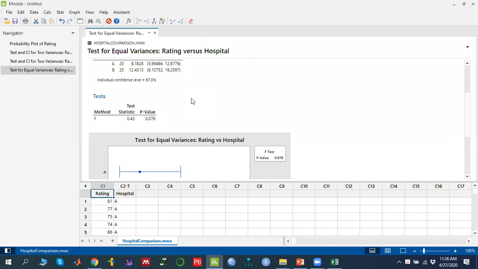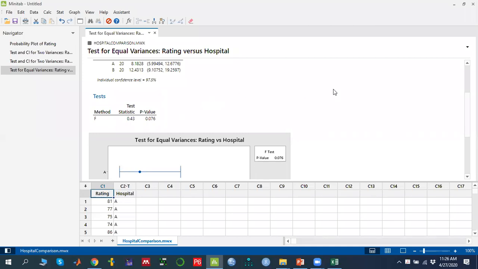So now we can apply the two sample independent t-test because both the assumptions are satisfied. One is the data is following the normal distribution, and the other is the variances are equal. If the variances were unequal, then we can again apply the two sample independent t-test, but that would be with the Welch approximation.